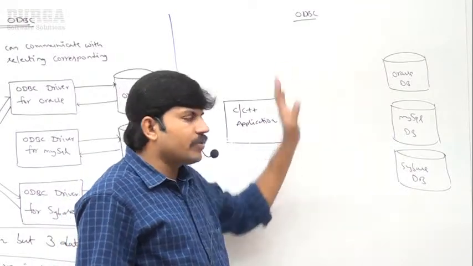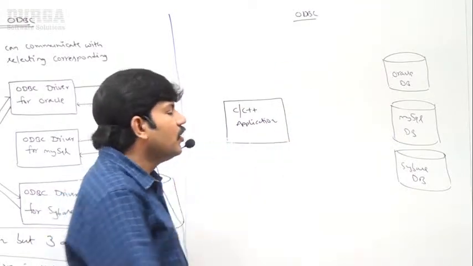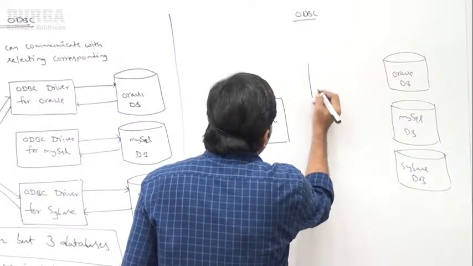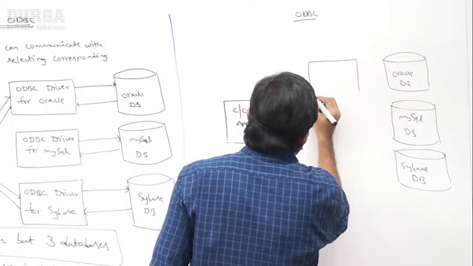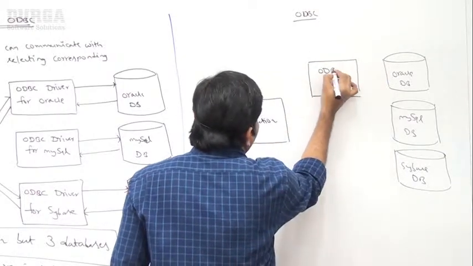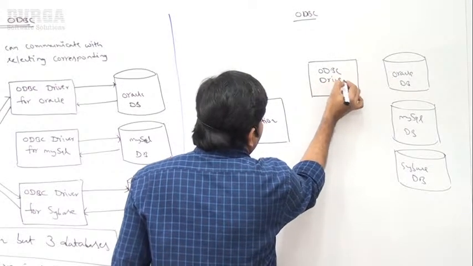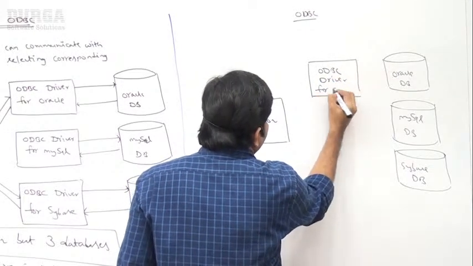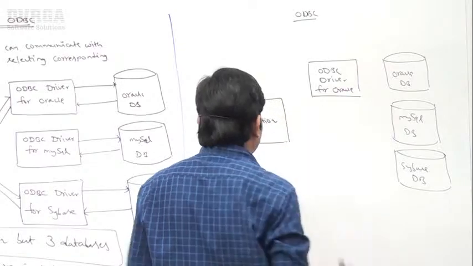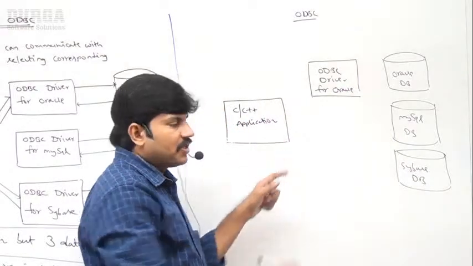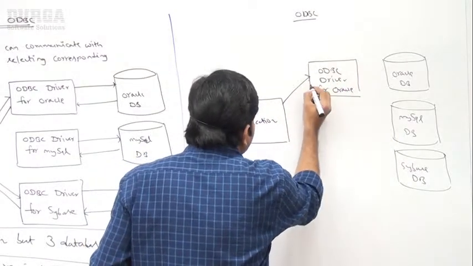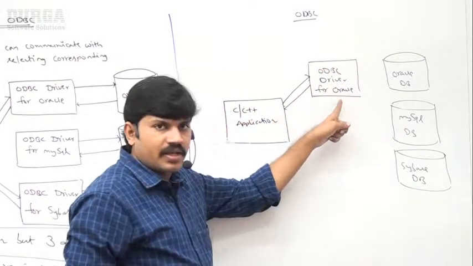I want to communicate with the Oracle database. Simple: choose the ODBC driver for Oracle. The C or C++ application communicates with this ODBC driver for Oracle.